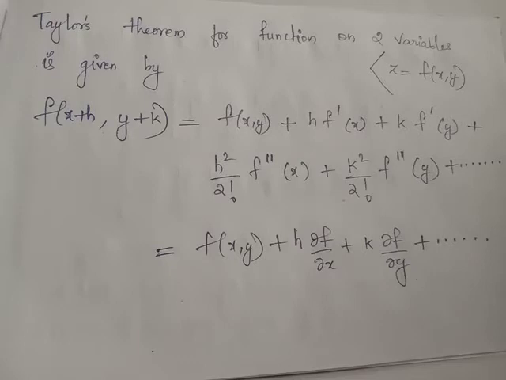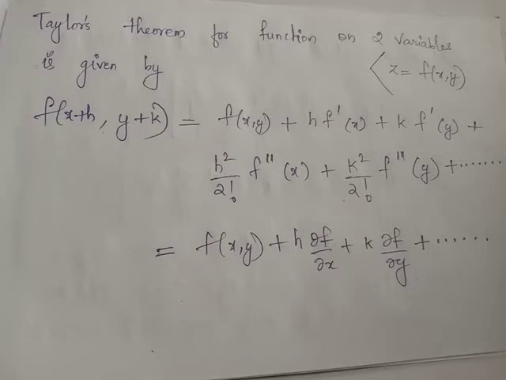If we extend the concept of Taylor's theorem to a function of two variables, that is, the function now involves two dimensions x and y, and we give small increments to both variables x and y, we wish to find the value of f of xy at positions x plus h and y plus k.